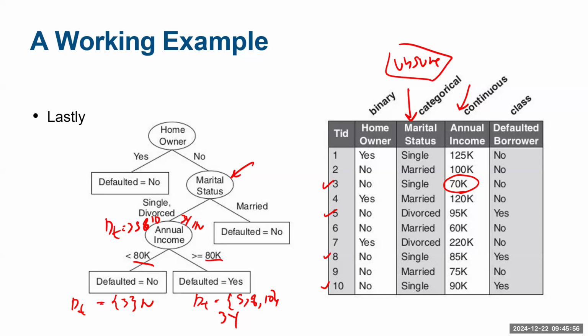So it means that your training data has to be quite complete, quite exhaustive. Every possible value of each attribute that is not a real value must be present in the training data. Otherwise, you cannot predict the testing data.